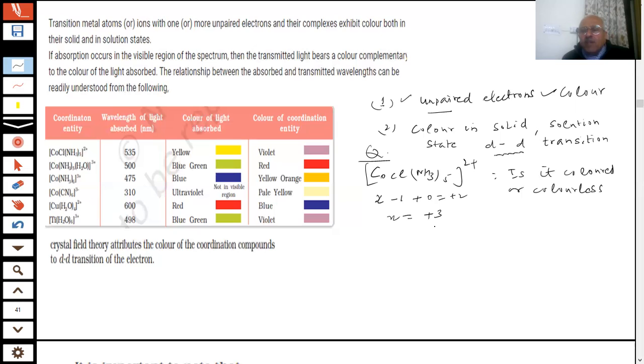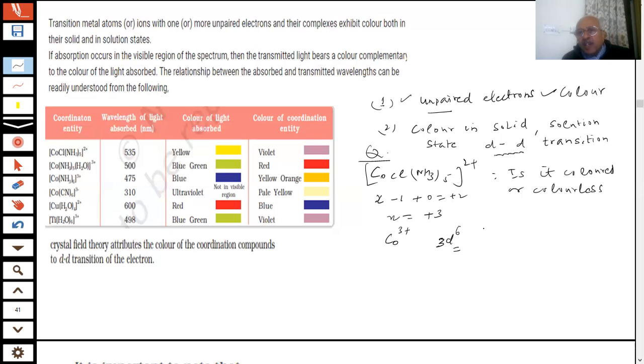So X is +3 oxidation state, cobalt 3+. What is the d count? The d count is 3d6. And students, what is the nature of the ligands?